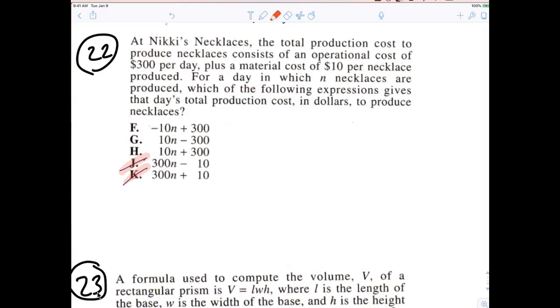So now, what else doesn't make sense there? On F, G, or H, we should be able to eliminate which one? Why? Yeah, you're not going to -10, right? That doesn't make sense. Now, the next one you can eliminate easily.